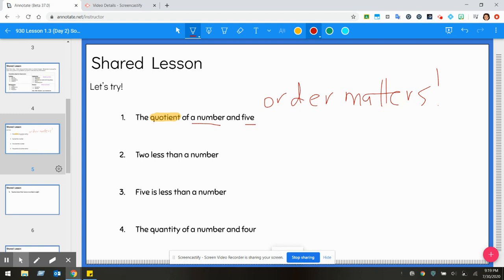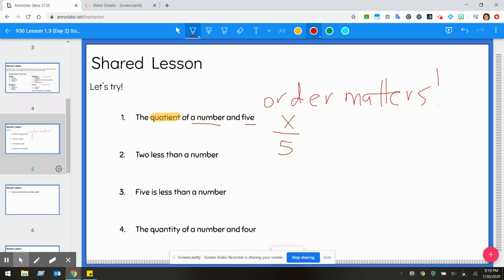Okay, a number is going to be your variable. And normally you can choose any variable you want. So I'm going to go ahead and stick with the variable x. So the quotient of a number and 5, here the order matters. So what that means is a number comes first, and it's going to be divided by 5. So the quotient of a number and 5 means x is going to be our numerator divided by 5.